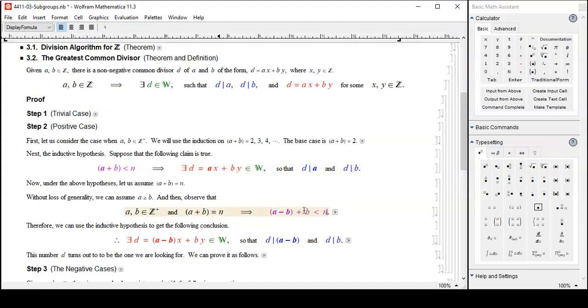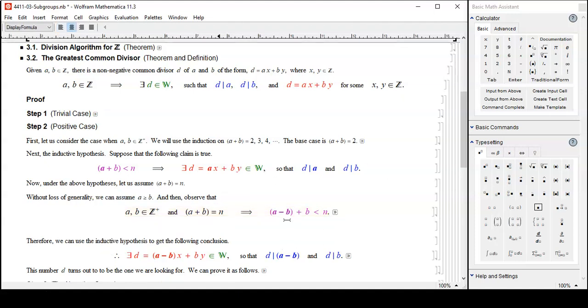Here, B is positive, but how about A minus B? Is that positive? That's a problem. If yes, then we could use this inductive hypothesis and then get this conclusion.